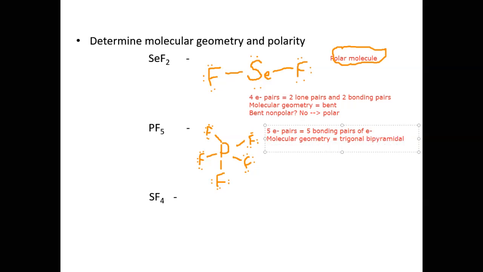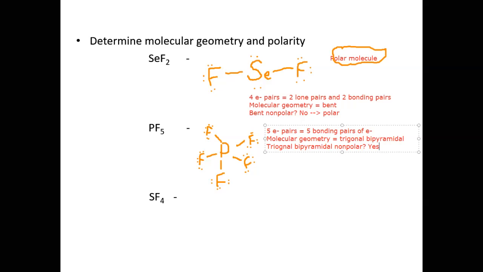So is trigonal bipyramidal nonpolar? The answer is yes. So you check back at that chart. And another key indication that PF5 is nonpolar is that there are no lone electrons on the central atom.